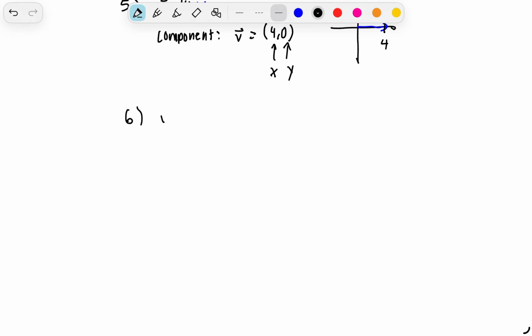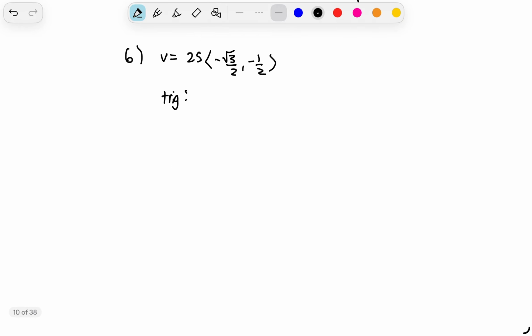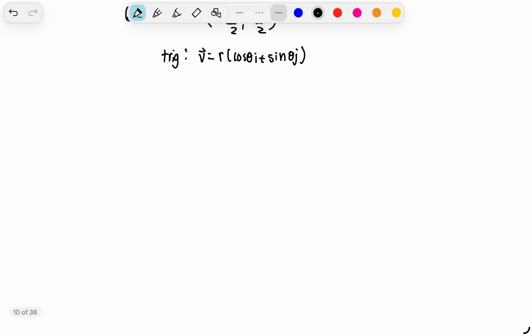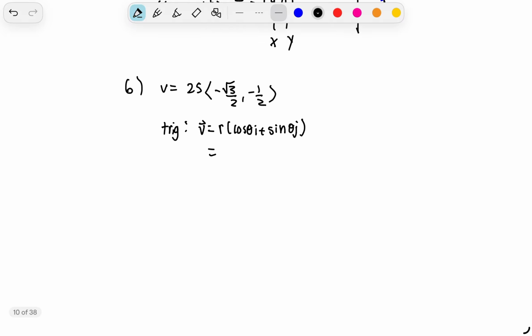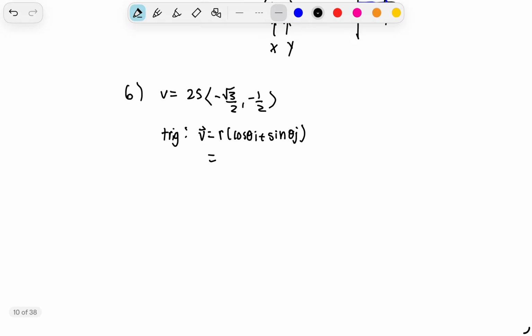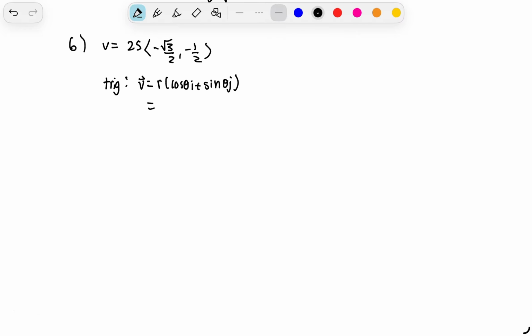Now let's say we have the vector 25, negative root 3 over 2, negative 1/2, and we want to find the trig form. So we know that in trig form, we would have r times cosine theta i plus sine theta j. So we want to match that to this. So first we have to identify what r is.